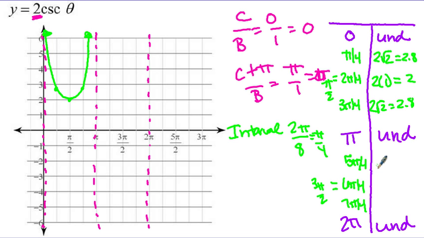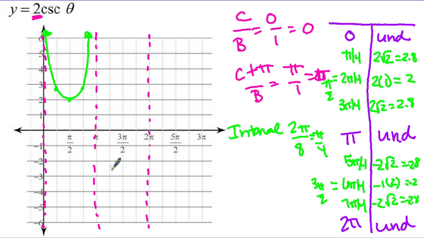They're just going to be negative because I have no vertical shift. So these should be equidistant from each other. So this is just going to be negative 2 times the square root of 2, negative 1 times 2, and negative 2 times the square root of 2.